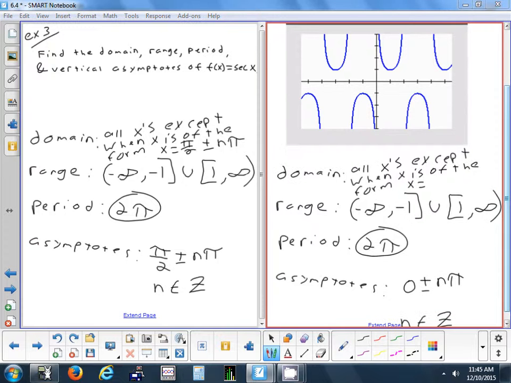And the domain is every x value except the asymptotes. Now, technically, because the first asymptote is at 0, I could just say the asymptote is any number of the form n pi. 2 pi, 3 pi, 4 pi, negative 6 pi. I don't really need the 0, but it's okay if you put it.